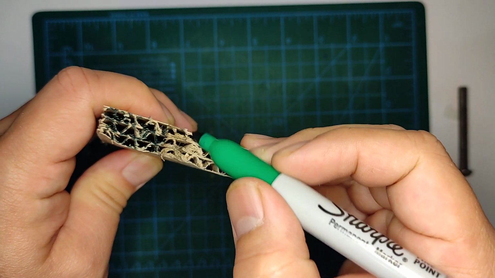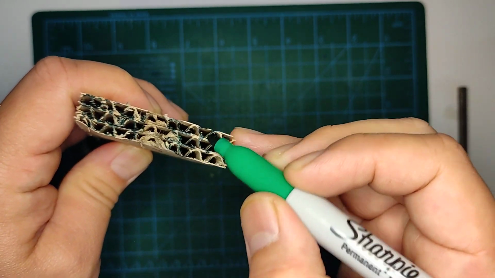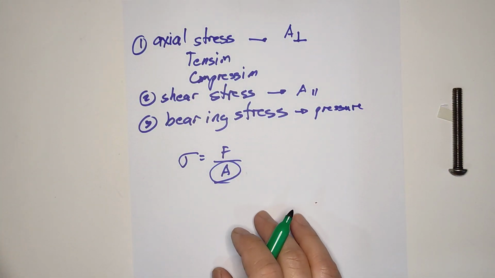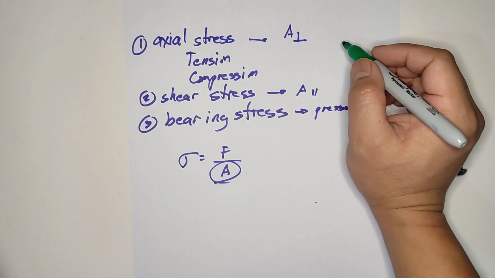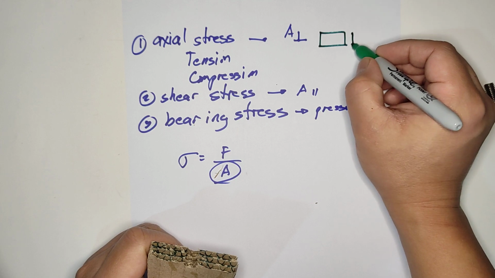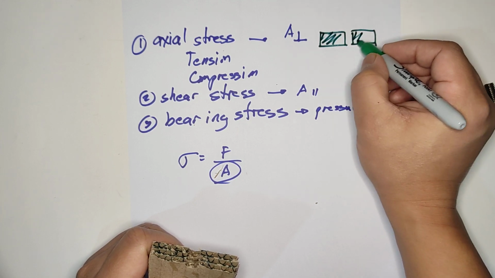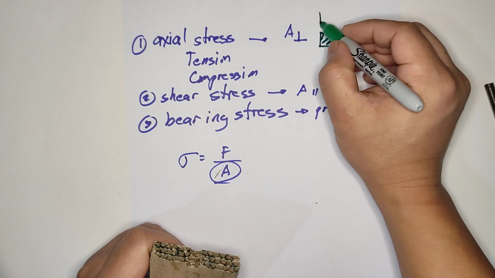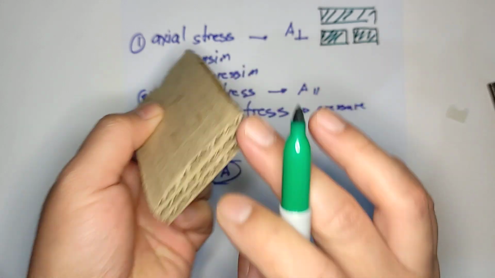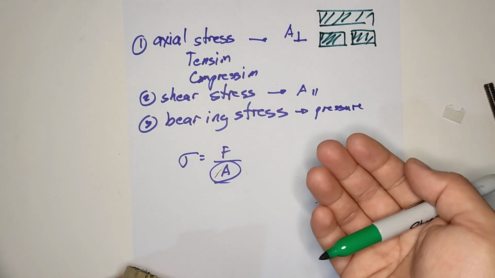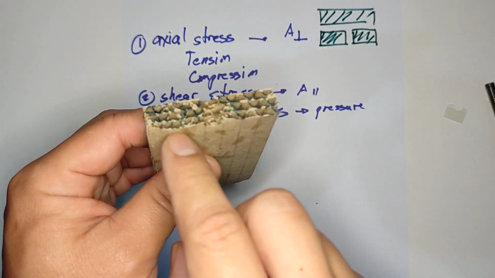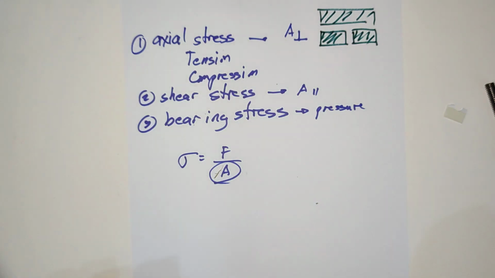Now if I draw it, if you're looking at this one, it will be like this. So this is only the area. Don't include the hole. Compared to last time, this is the area here, so it is more stress. This piece experiences more tensile stress in the lesser area. So take note of that.